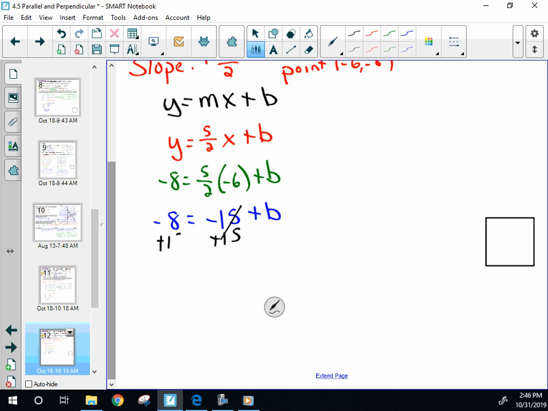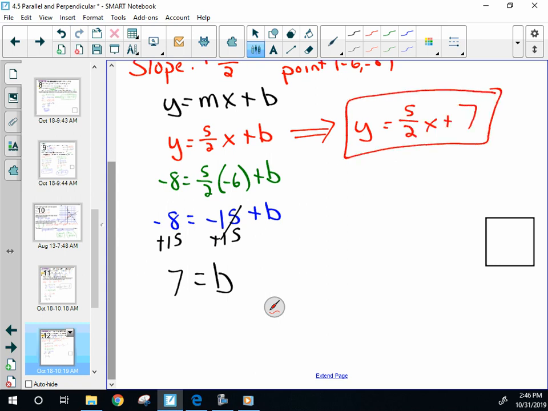Add 15 to both sides. I end up with b equals 7. That means the y-intercept is 7. Well, now that I know the y-intercept, I have my equation. Y equals 5 halves x plus 7 is my equation.